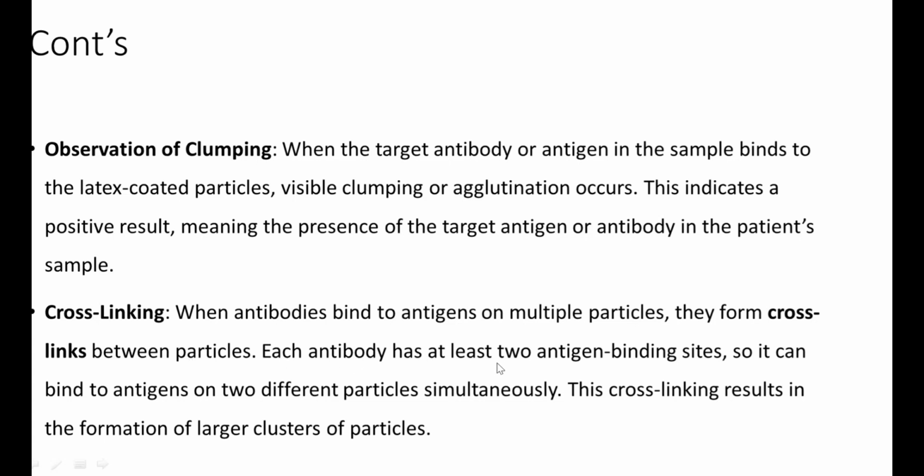Each antibody has at least two antigen binding sites, so it can bind to antigen on two different particles. That means that when the antibody has two antigen binding sites, it is able to bind to the antigen on two different particles simultaneously.